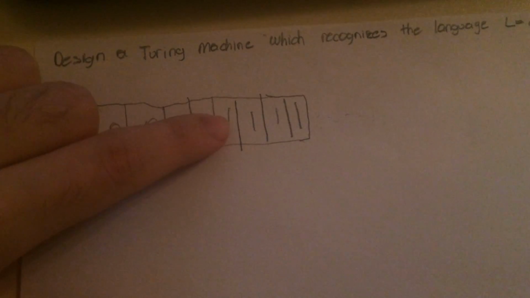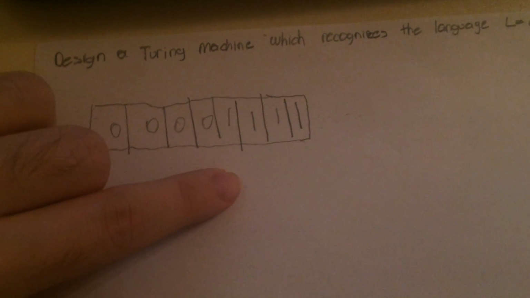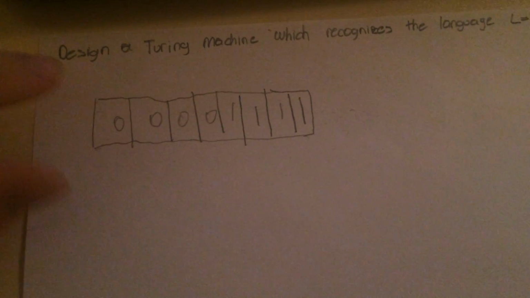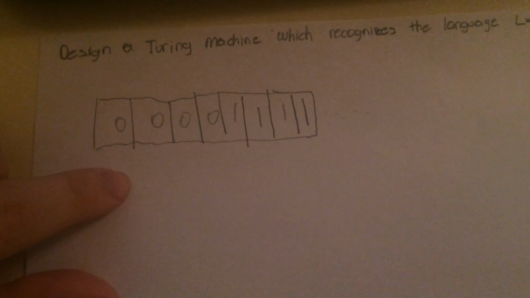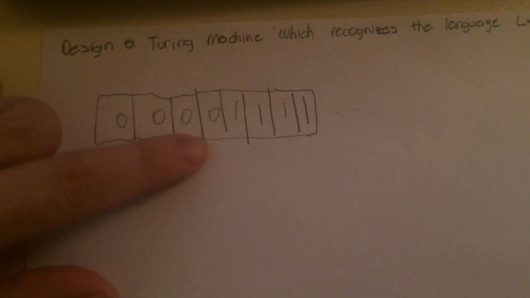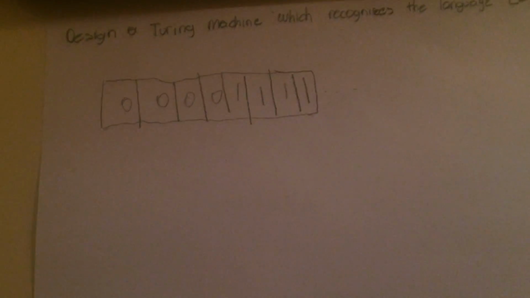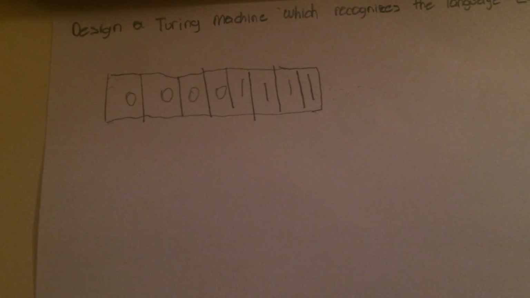After changing the 1 to y, we need to go to the leftmost 0, and this loop will continue until there are no zeros left or no 1s left. After that, we can go to the accept state.